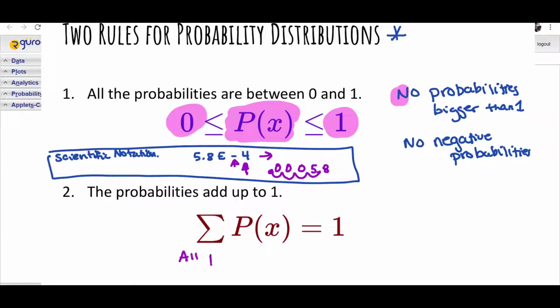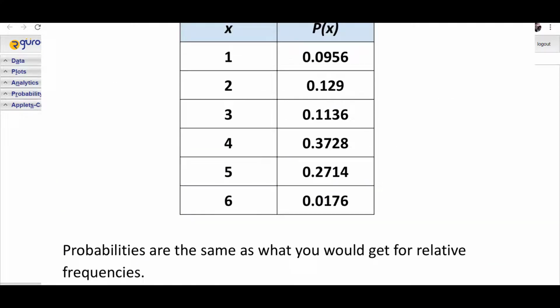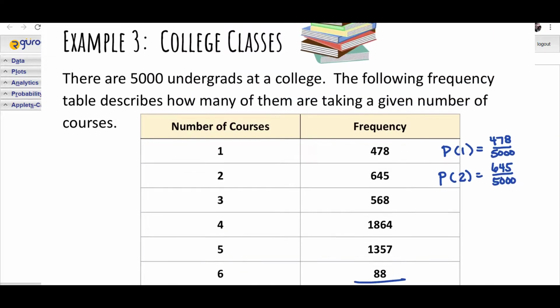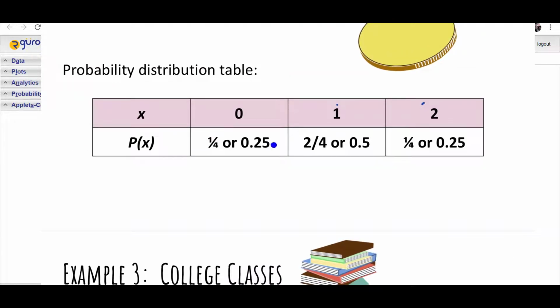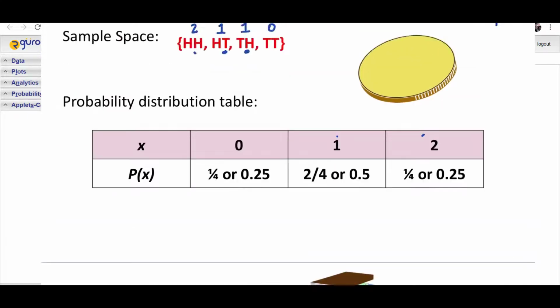All right, the next thing is all the probabilities add up to be 1 in the distribution. That's what this means. This stands for the sum of all the p of x's: the sum of all the probabilities equals 1. If we go back, if we were to add 0.25, 0.5, 0.25, that adds up to be 1.